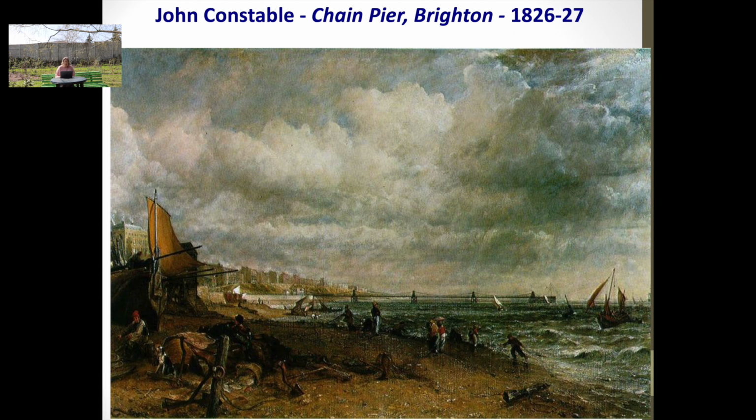So here we have not the pleasure walking pier. You can see it at the very, very far distance. This is the chain pier. This was used for dragging the fishing boats out of the water in stormy weather. And this is exactly what's happening. We have hard-working local people trying to pull out the fishing boats from the water before the coming storm.